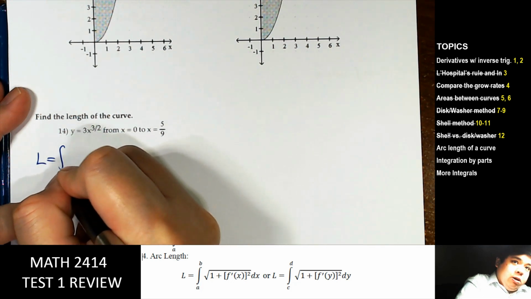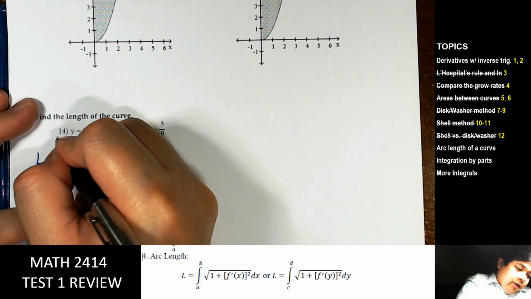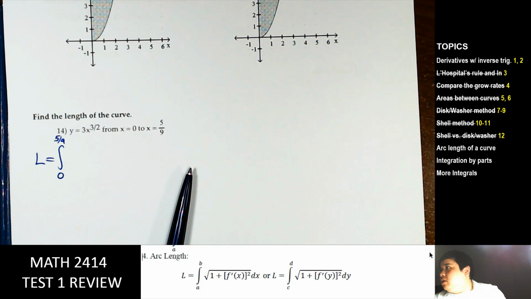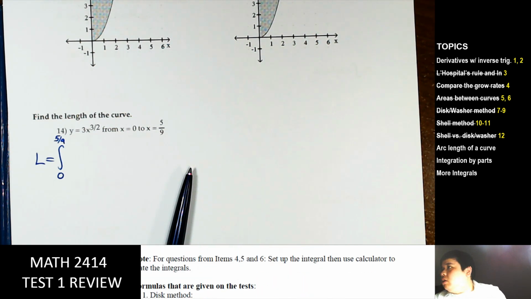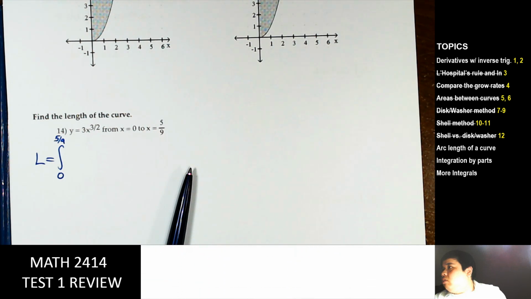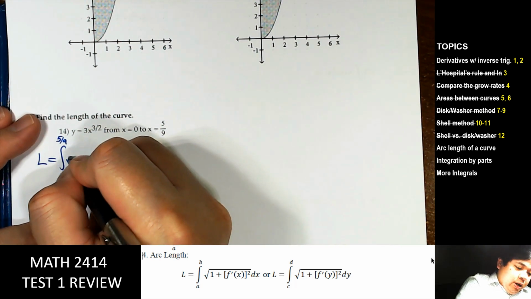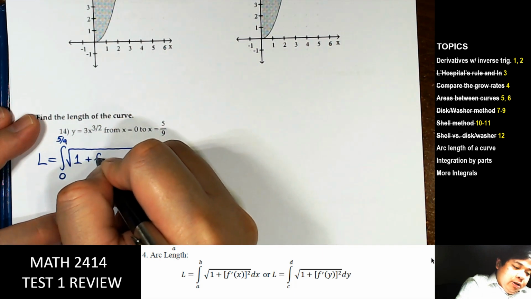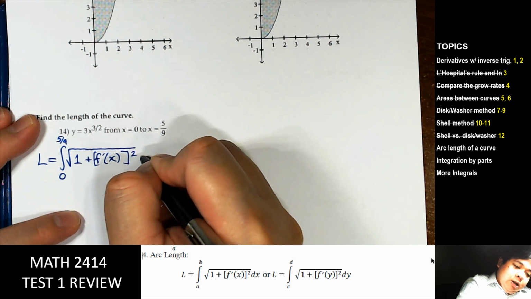0 to 5 over 9. The arc length is the integral of the square root of 1 plus the derivative with respect to x, squared, dx.